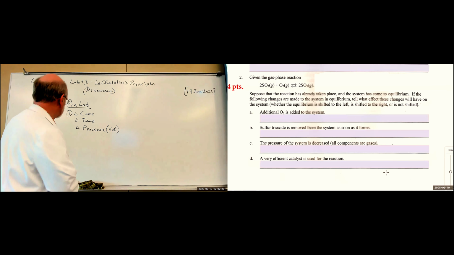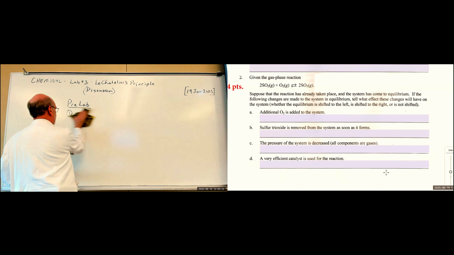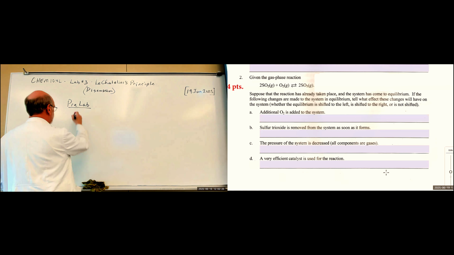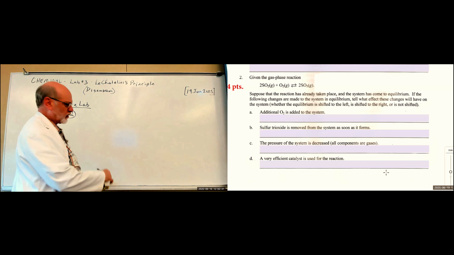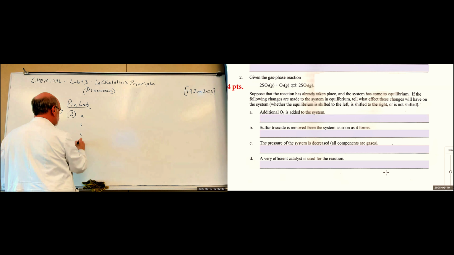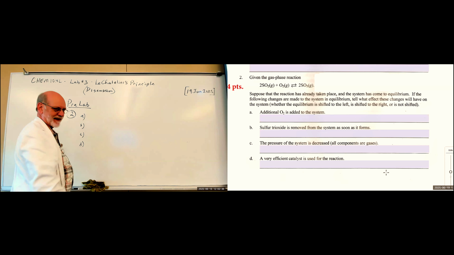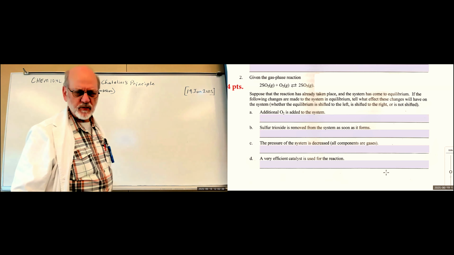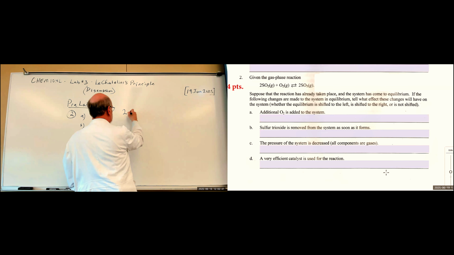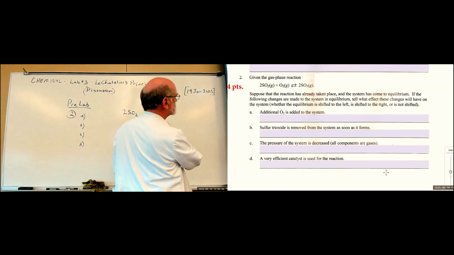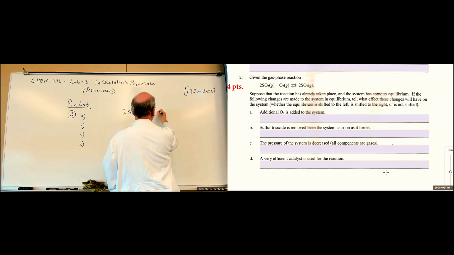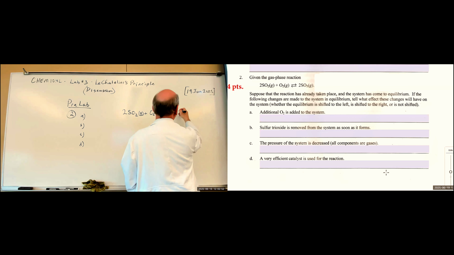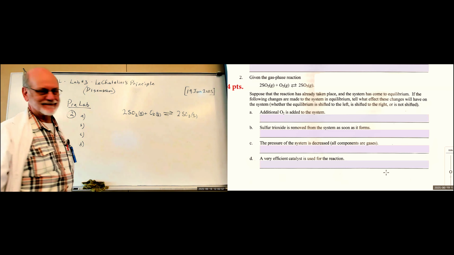Okay. How about number two? We got 4 parts: A, B, C, and D. Suppose you have this reaction: 2SO2, gas, plus O2, gas, is in equilibrium with 2SO3, gas.